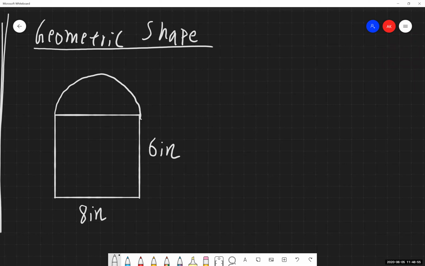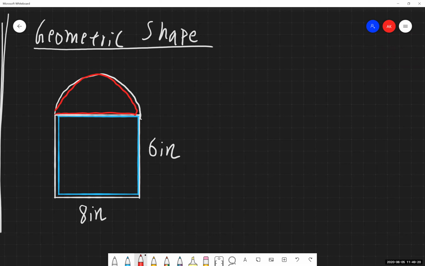So my recommendation when you have something like this, we're told to find the area of this given shape: you're going to want to solve this in pieces. Primarily, I'm looking at it, we have, in blue here, a square, or rectangle. In red, we have a semicircle, or half of a circle.